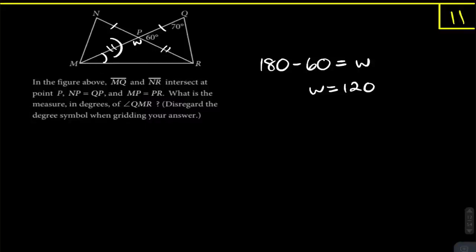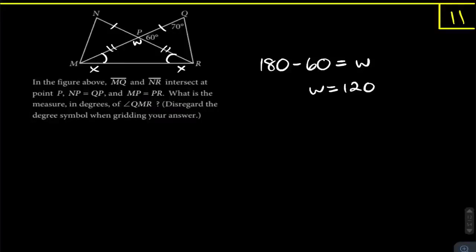But how do we find this one? Well, again, we know this is isosceles because these two segments are congruent. So this is an isosceles triangle right here. And so these two angles are the exact same. Let's call them X, because S is weird.